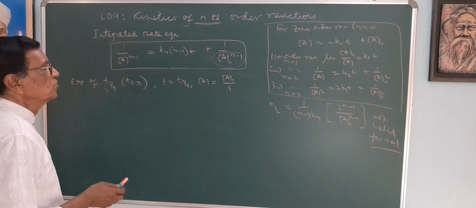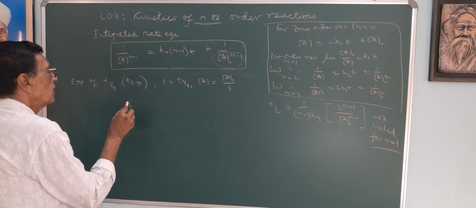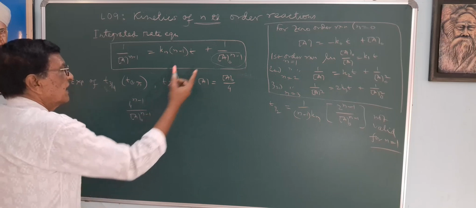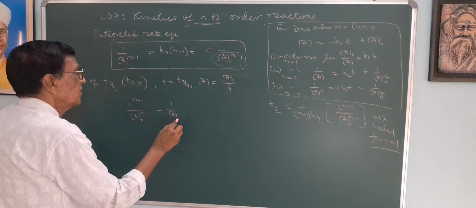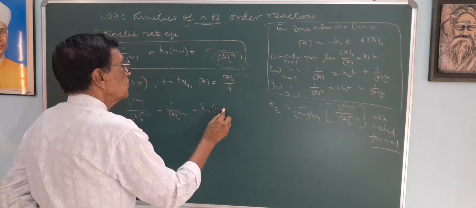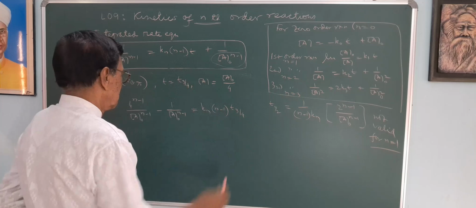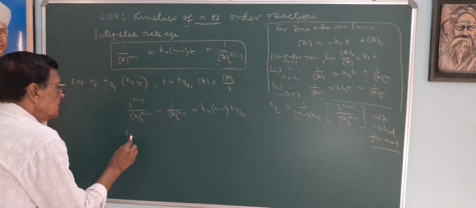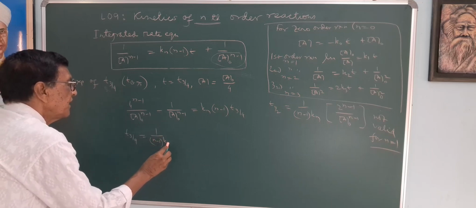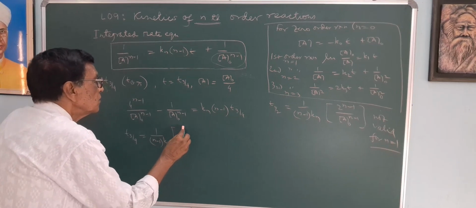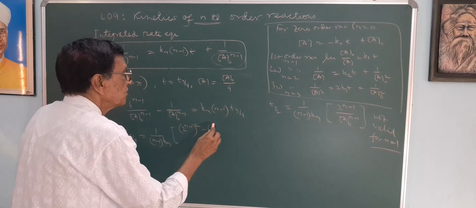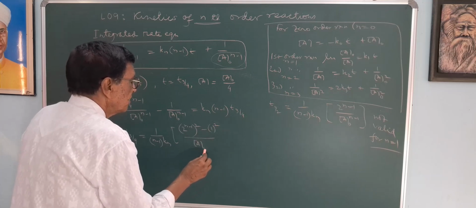So putting it here, we get 1 by (A0 by 4) to the power n minus 1, minus 1 by concentration of A0 to the power n minus 1, equal to Kn (n minus 1) into T3/4. So T3/4 equal to 1 by (n minus 1) Kn, and here 2 to the power 2(n minus 1), minus 1, divided by concentration of A0 to the power n minus 1.